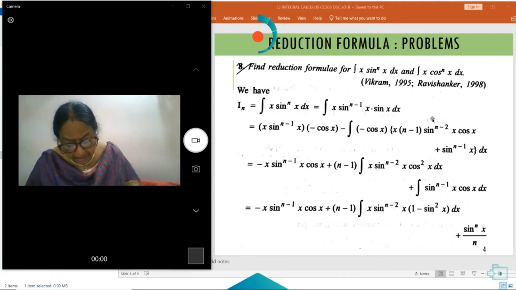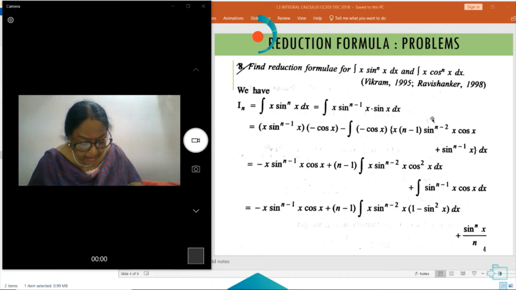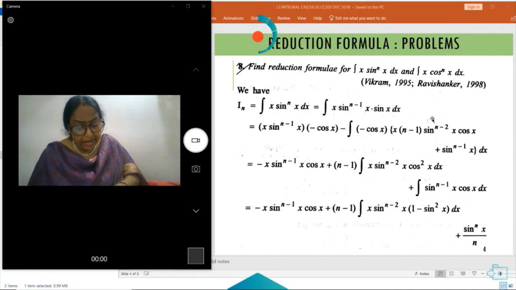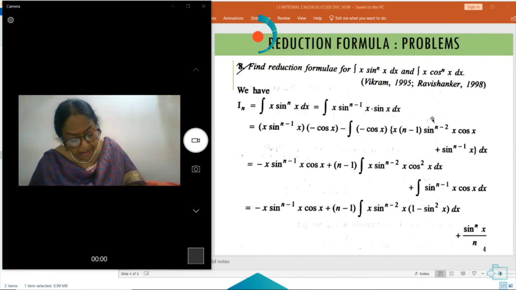So after that we get minus x sine n minus 1 x into cos x and n minus 1 x into sine n minus 2 x cos square x dx plus integration of sine n minus 1 x cos x dx. Do the above integration properly, otherwise you cannot reach this.